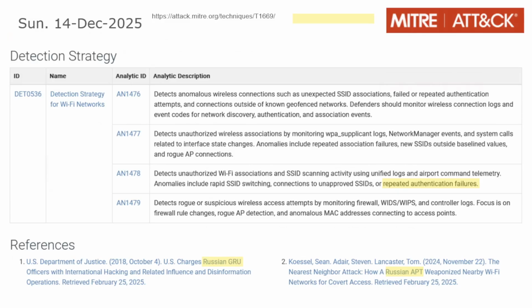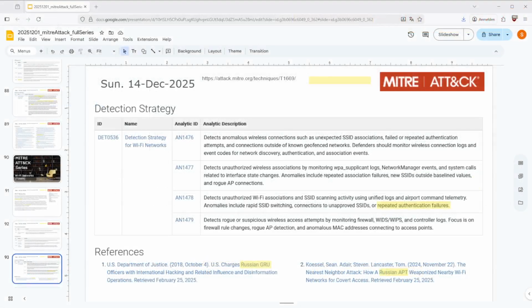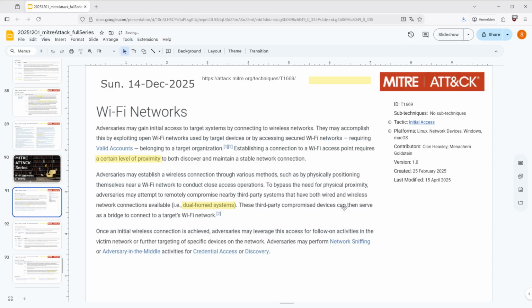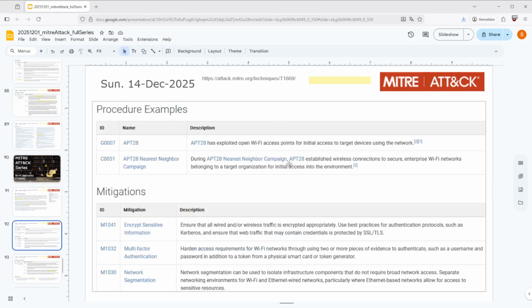That's what they do. But yeah, so as expected, we are roughly 10 minutes into the video, and we covered Wi-Fi networks, a quick little overview. It was, I think, a nice read, so we know what it is, how it happens. We know in what kill chain step to locate it, its initial access. We have some procedures, ATT&CK groups, that conducted these types of attacks.